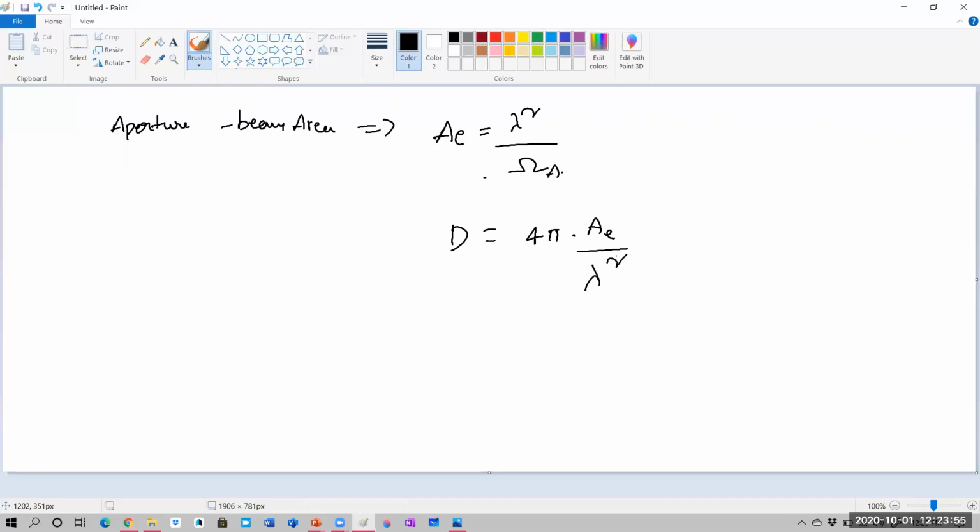The effective height of the antenna, denoted by L effective, is the voltage induced by the electric field strength. Some textbooks may write H for the height or length of the effective antenna.